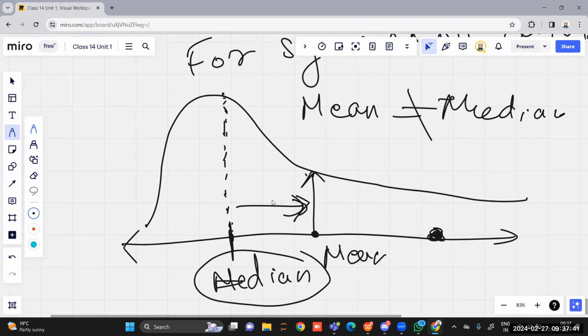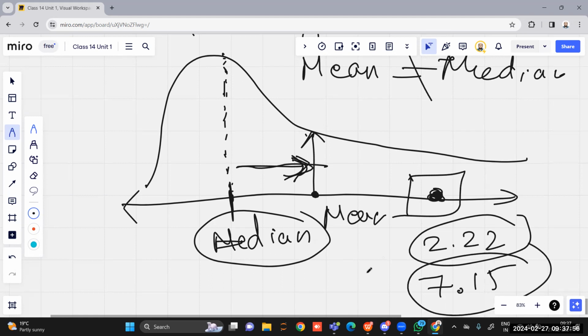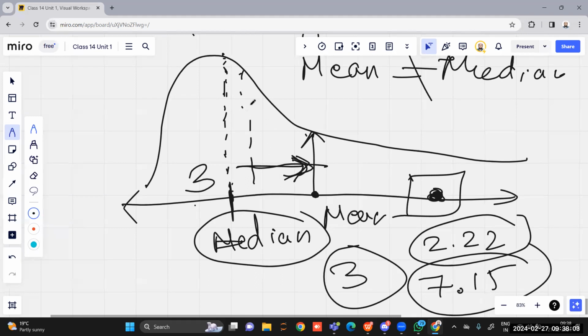When the mean was 3.22 and we added 100 to the data, an outlier on the right side, the mean shifted to 7.15, but the median remained 3 in both cases. So the mean shifted toward the right.